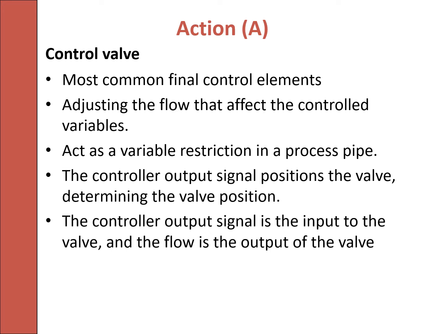The output signal from the controller is the input to the valve, and the flow is the output of the valve. After the valve receives the signal from the controller, it needs to adjust its position, and at the same time cause the flow through the pipe and valve to change. So that's why the flow is the output of the valve.